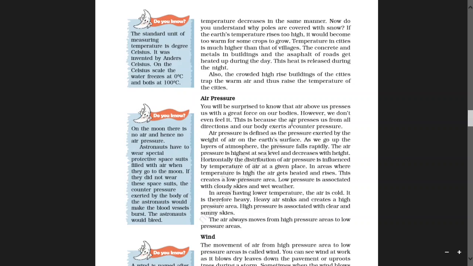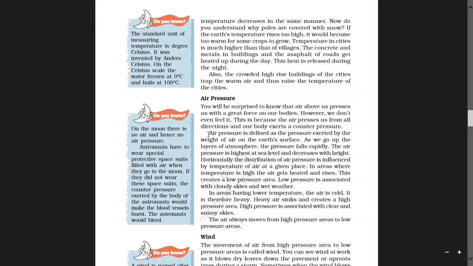This is because the air presses us from all directions and our body exerts a counter pressure, the opposite of this pressure.